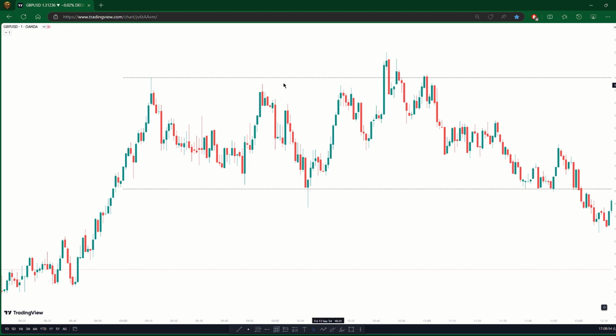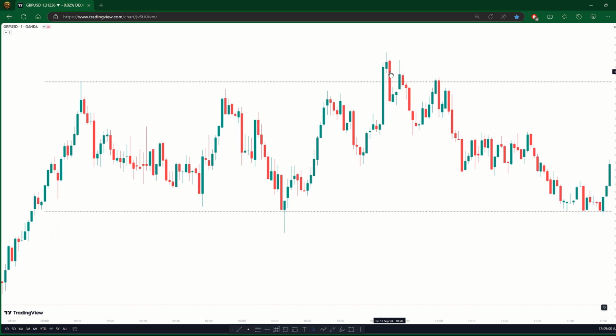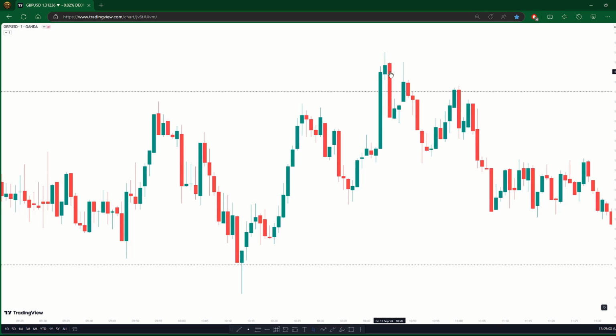Now, after taking out that buy side liquidity there, the market started dropping, leaving displacement here. This is where you still need to be careful. As you can see, you still have this huge fair value gap here. But the market gives you this other fair value gap on the other side, meaning you have a balanced price range there.